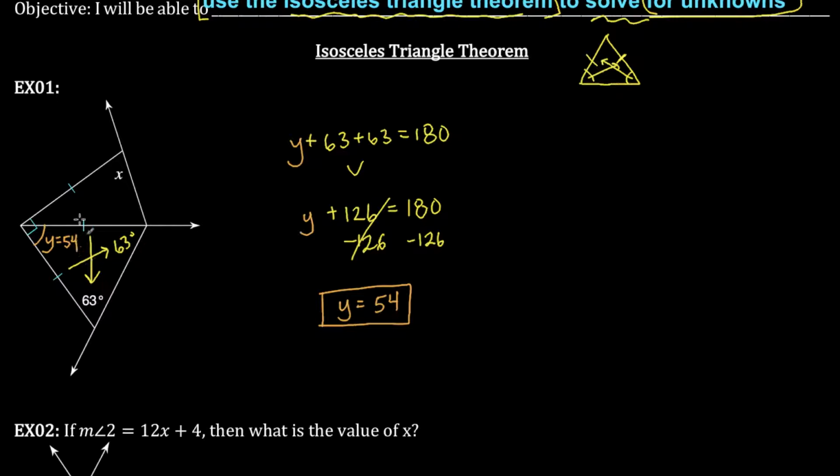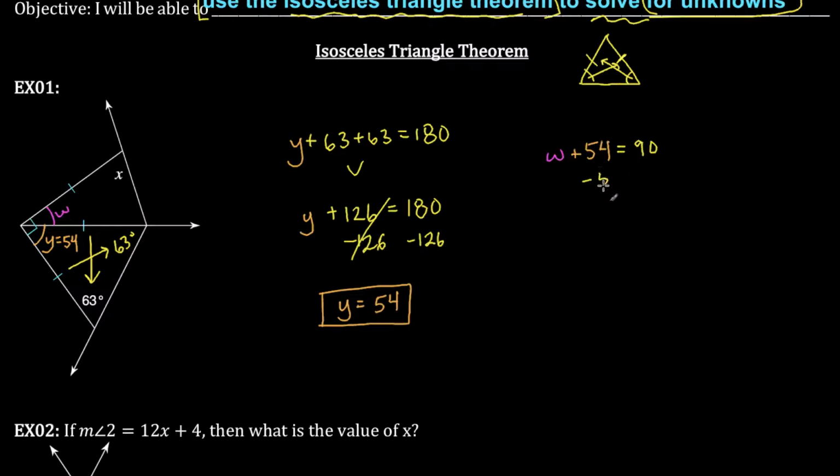Now I also know that this angle and this angle together form 90 degrees. I'm going to call this angle right here angle W. So angle W plus the 54 will give me 90 degrees.